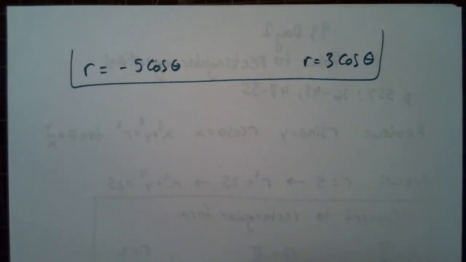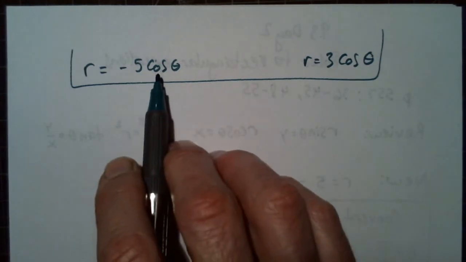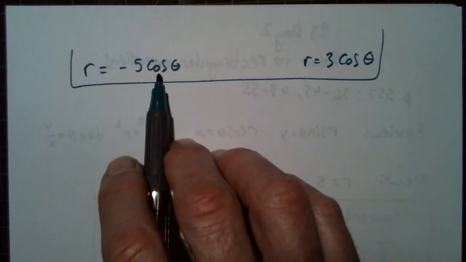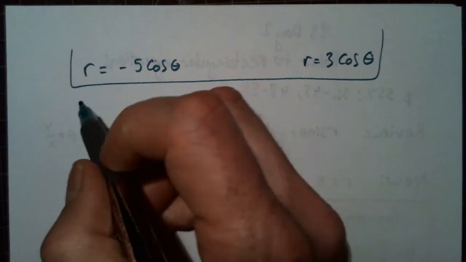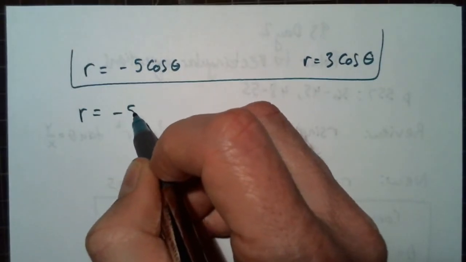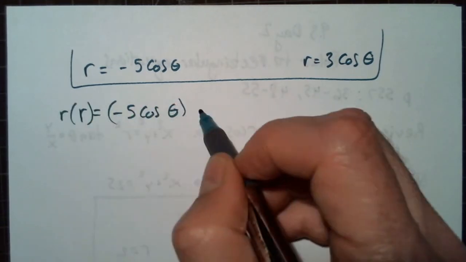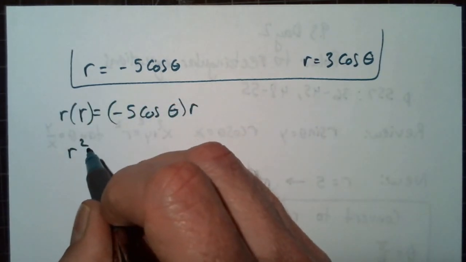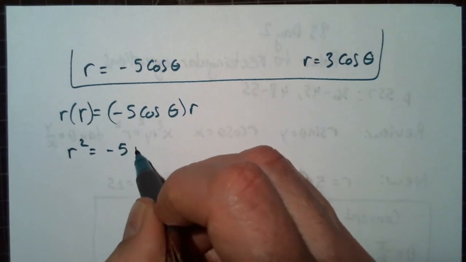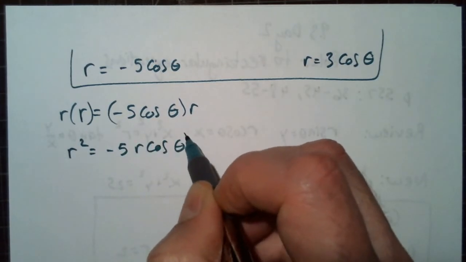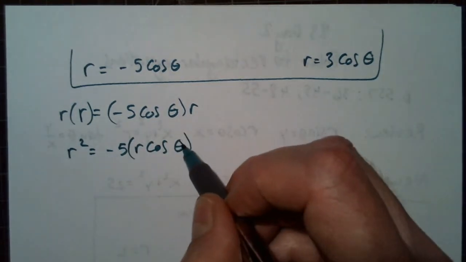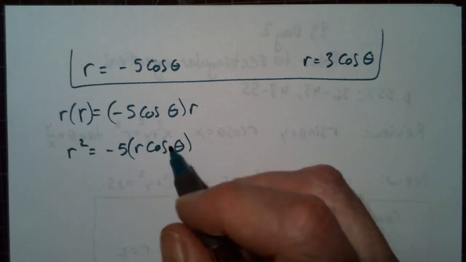And in these equations, we can't square both sides to get r squared, because then we'd have cosine squared, which we don't have a formula for. So the strategy here is we will multiply both sides by r. Now we have r squared, and we have r cosine theta. So that's important to be able to substitute for.